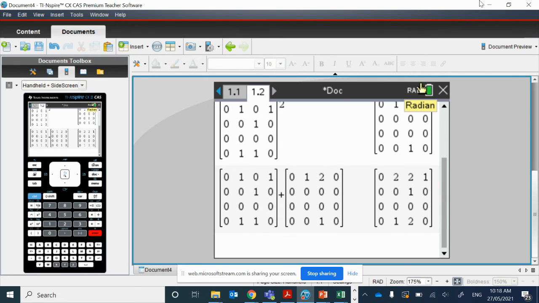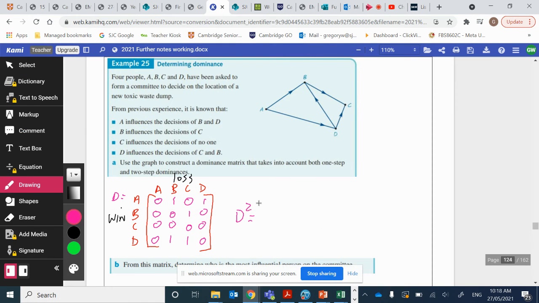Okay, we'll put that together. So we've got our one step and D squared. I'll put it up here. Our D squared was 0, 1, 2, 0, 0, 0, 0, 0, 0, 0, 0, 0, and 0, 0, 1, 0.